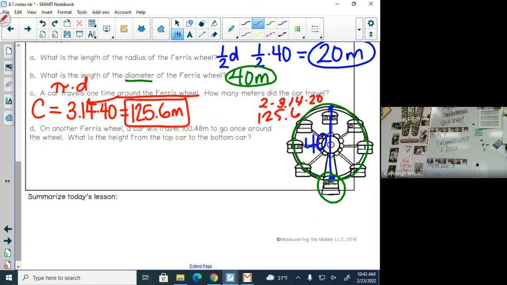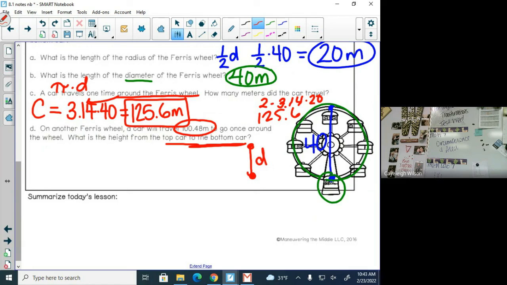What are they asking you to find? Diameter, radius, or circumference? Diameter. From the top car to the bottom car. They're asking you to find that, which is the diameter.